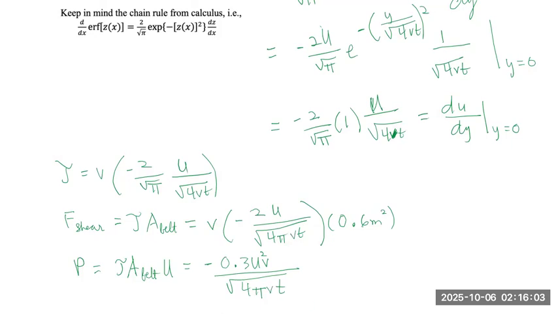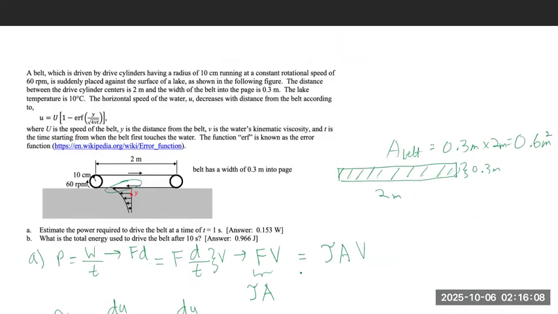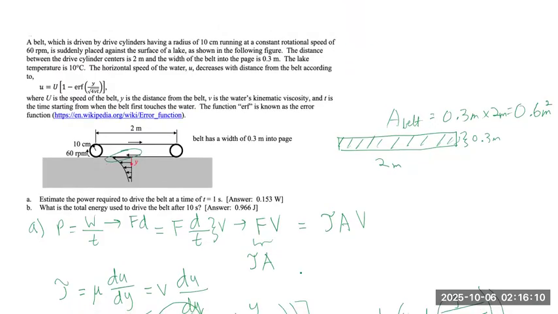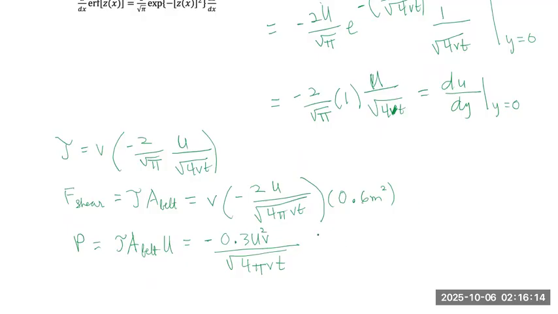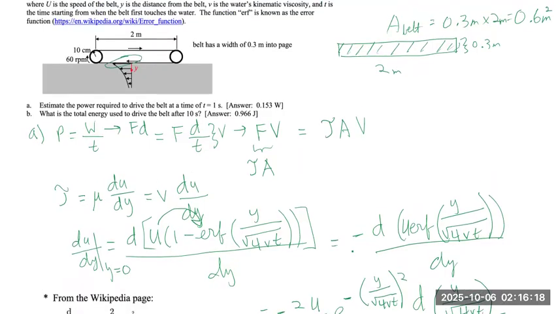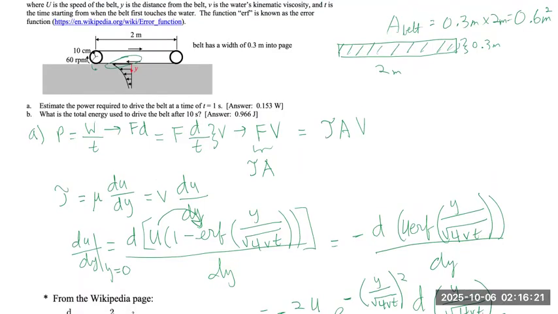And we can now plug in known values. Also t is going to be 1 second. So what is u going to be? Well, u is the belt speed, and it can be related to the rotational velocity of the wheel.